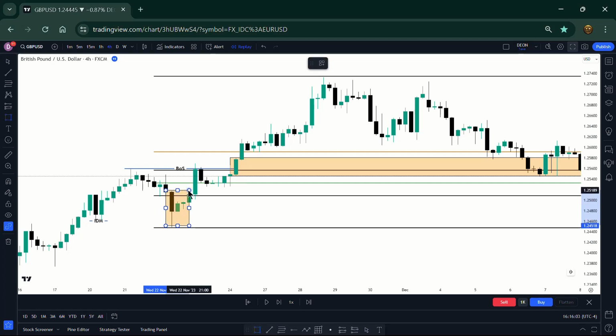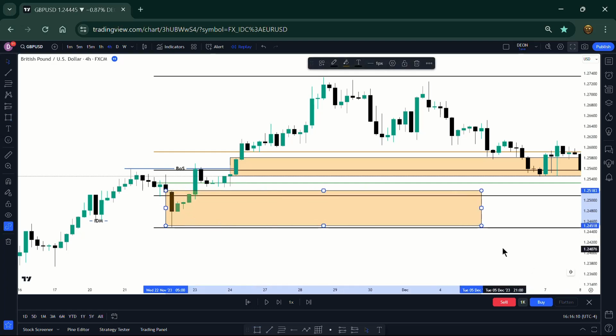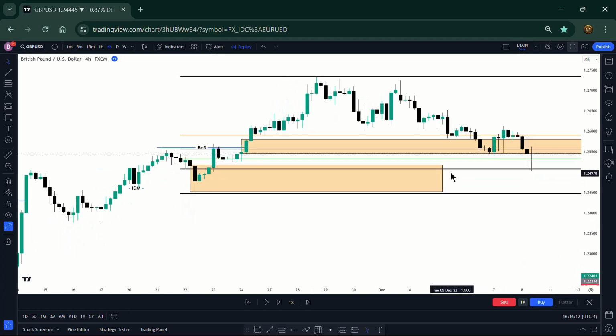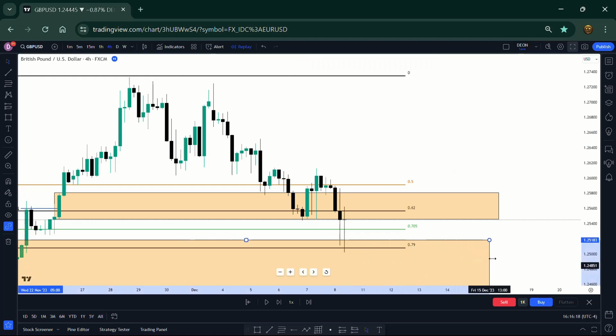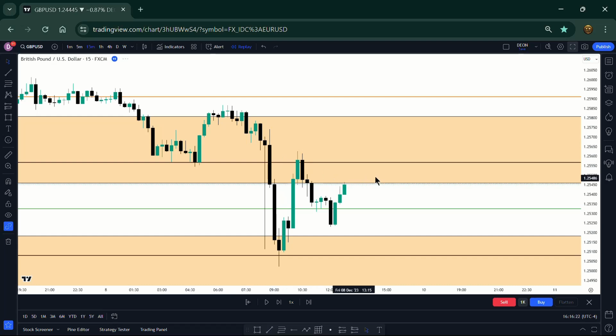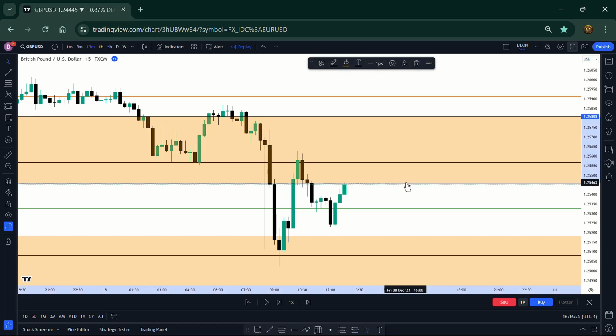You can see it even as inside candles. Let's see if there was anything on this extreme POI, which has already been touched. Let's go back to the 15-minute time frame. Let's remove this first.